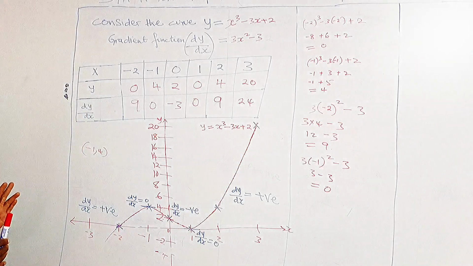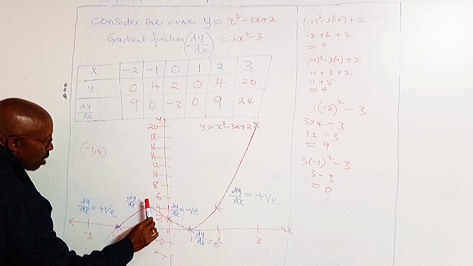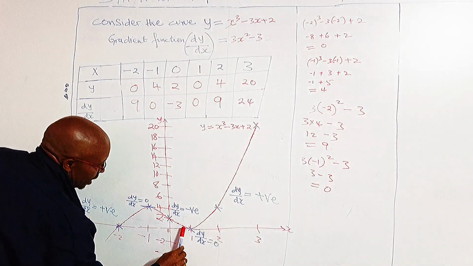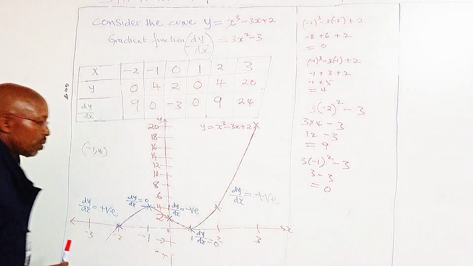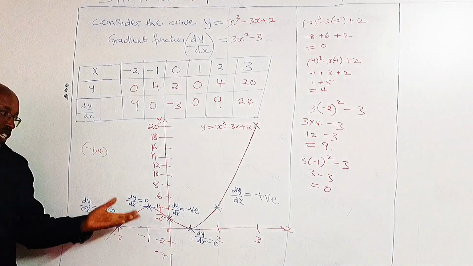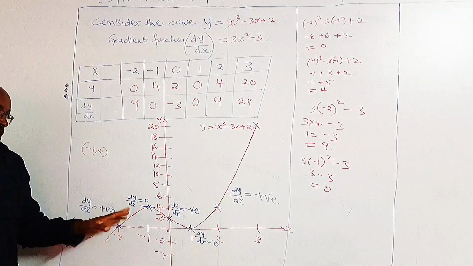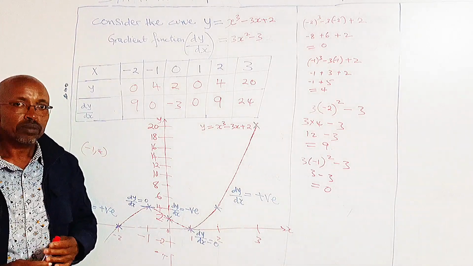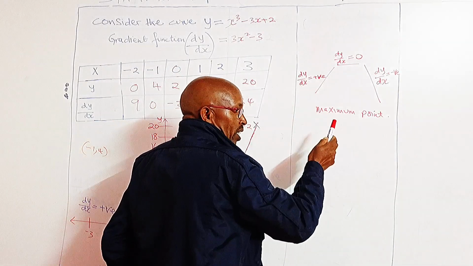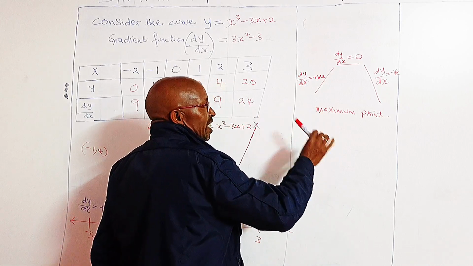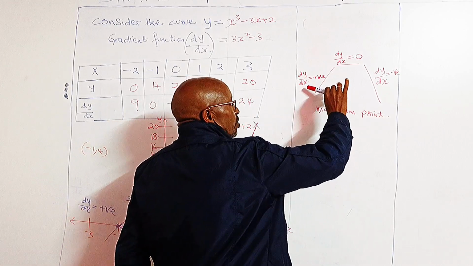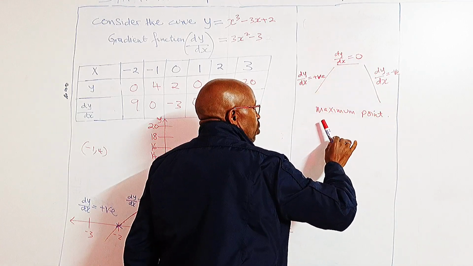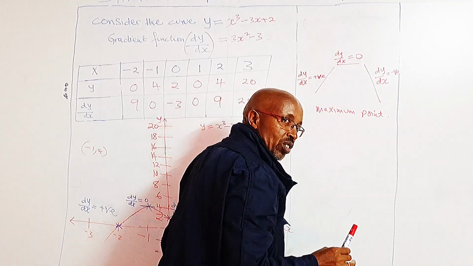Just like the graph is indicating, we are moving up, then down, so this is a maximum. When we are down here, then we move up again, so this one is a minimum point. So this particular graph gives us two stationary points, one being maximum, the other one minimum. For any point (x, y) where the gradient is changing from positive through 0 to negative, that point is a maximum point.